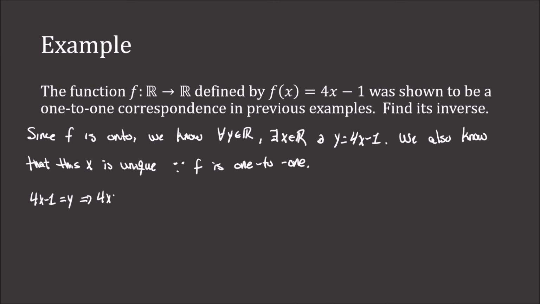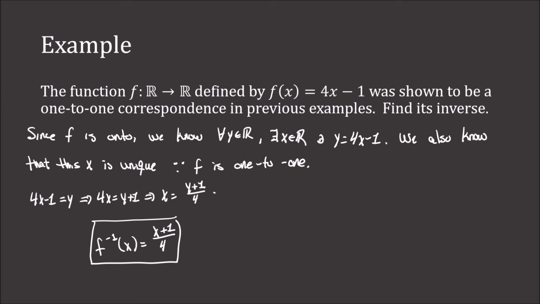So 4x would be y plus 1, which means that x is (y + 1)/4. Now we replace the y's and the x's, so we switch their order, and we can write f inverse of x is equal to (x + 1)/4. And this would be the inverse of 4x minus 1.